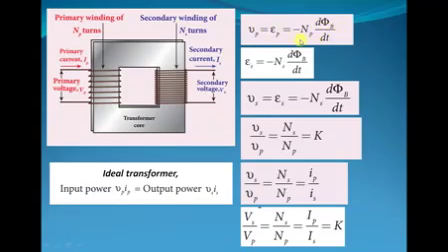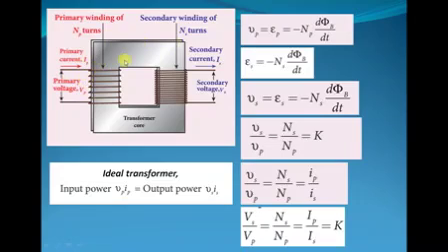The frequency of the alternating magnetic flux in the core is always equal to the frequency of the applied voltage. Whatever voltage we apply, the frequency of the magnetic flux in the transformer core is equal to the applied voltage frequency.